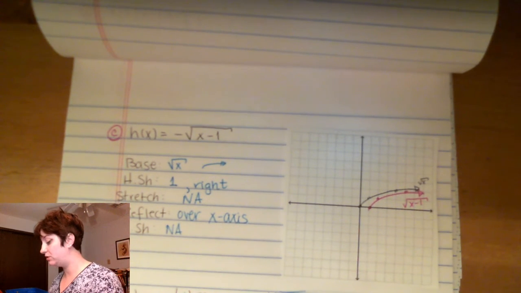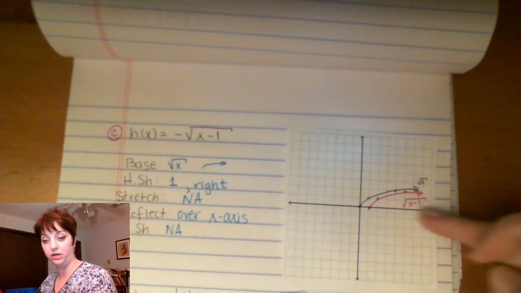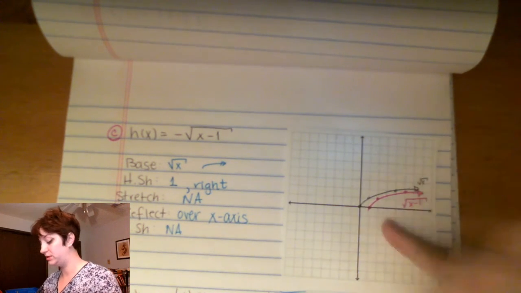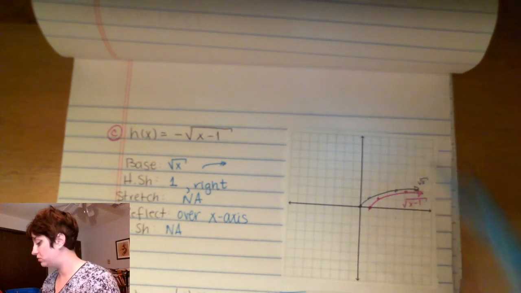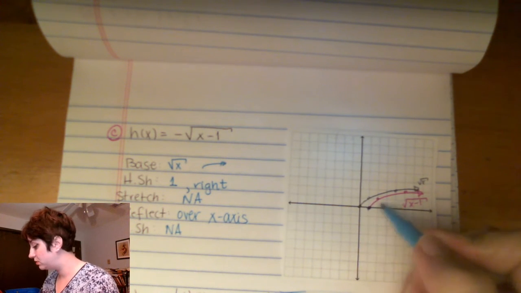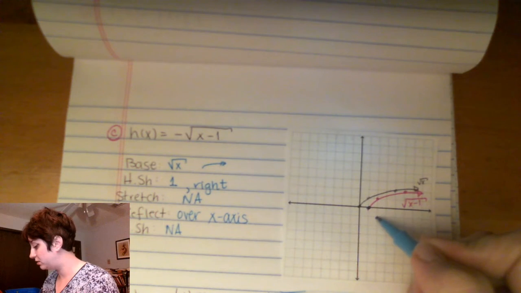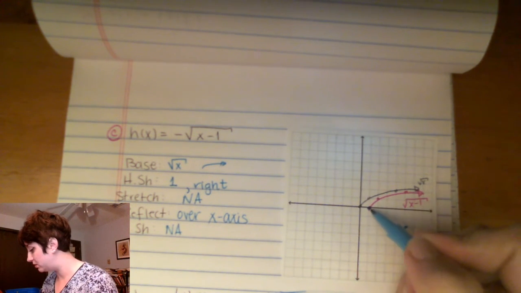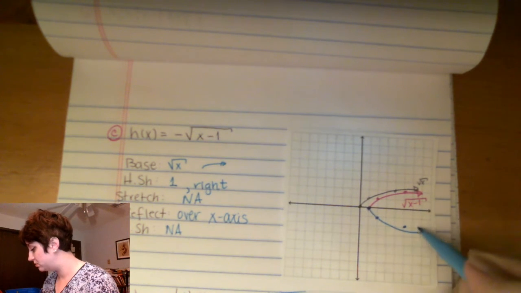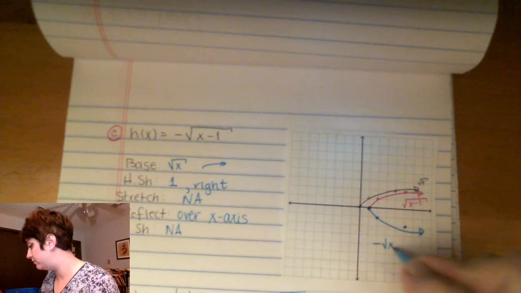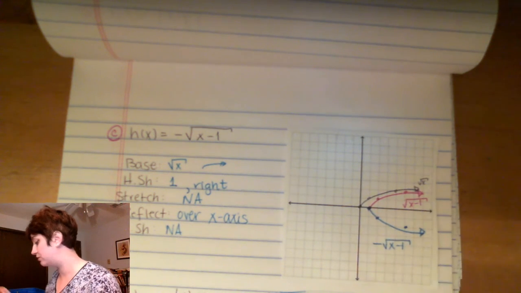Then I'm going to imagine that I put a mirror here on the x-axis and reflect, because that's going to turn positive-wise to negative-wise. So this point is on the mirror, so it doesn't move. This point moves right here, that's equidistant, and then this point would move down here. So that's negative square root of x minus 1.